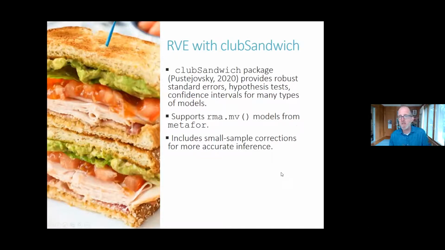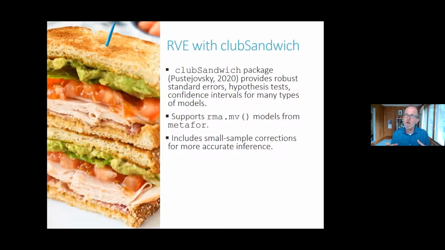clubSandwich is actually a fairly general package that provides robust standard errors, hypothesis tests, and confidence intervals for a number of different types of models: linear models, multi-level models, and it has seamless support for models generated by metafor. The particular advantage of clubSandwich is that it includes some small sample corrections that give you an extra level of insurance when using robust variance estimation.